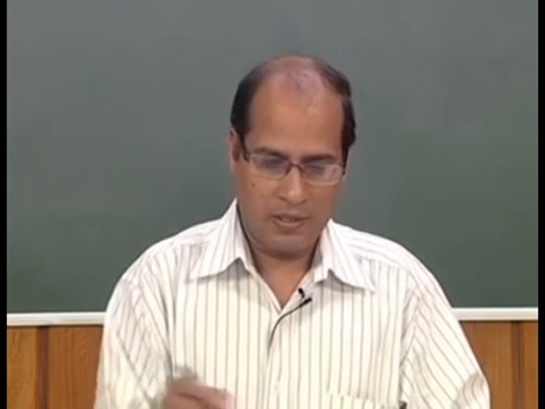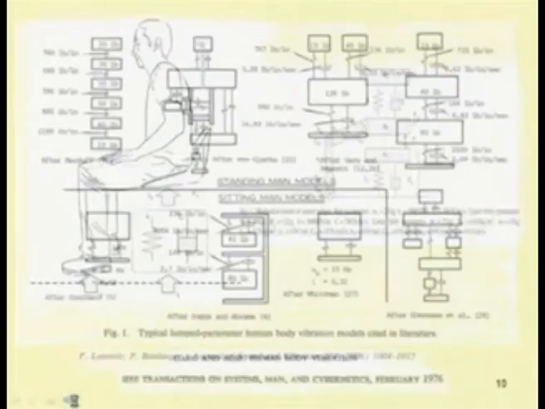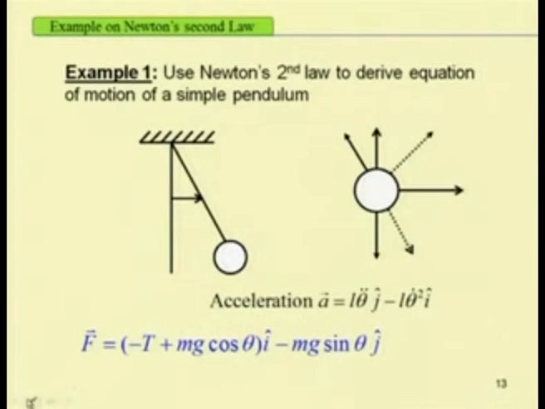In the last class, you have seen for this vibrating system, a simple pendulum, the kinetic energy is converted to potential energy and vice versa. So the total energy of the system remains constant. By using this energy based principle also, we can derive the equation of motion.